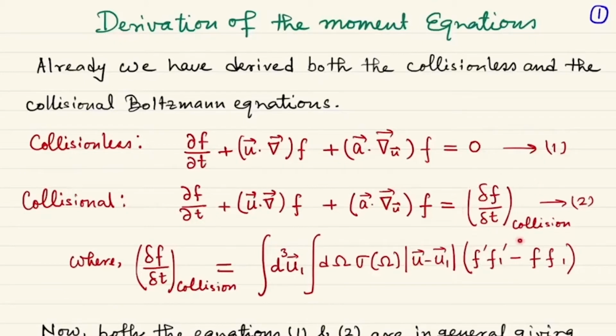the right hand side gives us a collision integral, which symbolically we write as (δf/δt) with a subscript collision.